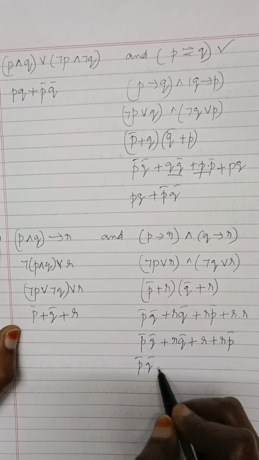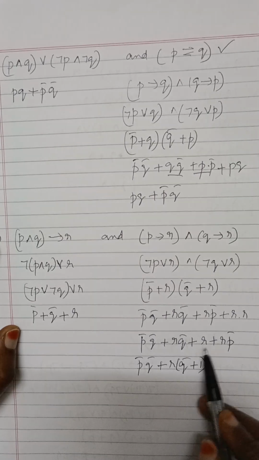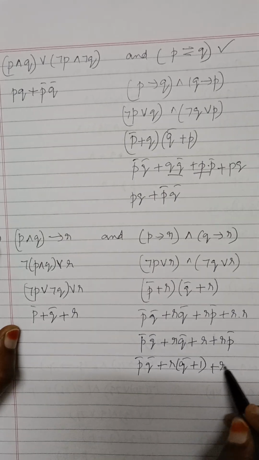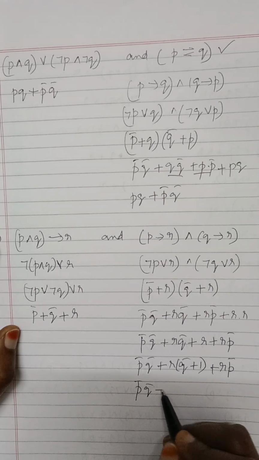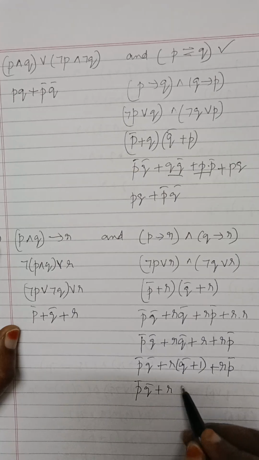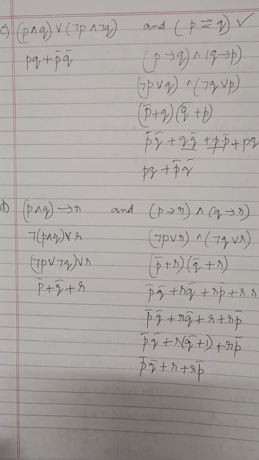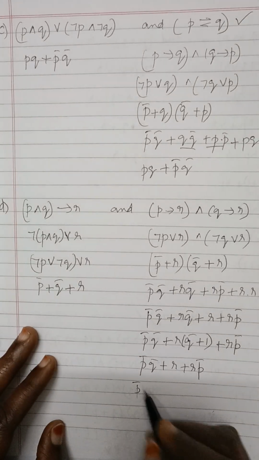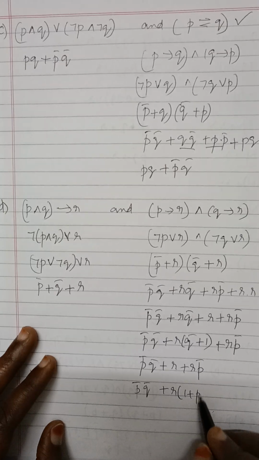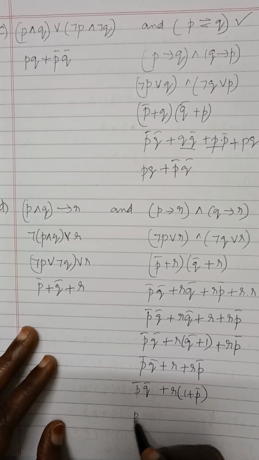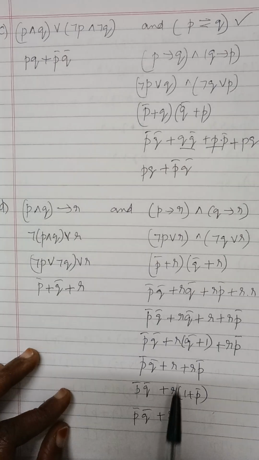So here we can take R common, R into (q bar + 1), so R is taken common here. Then R into p bar. This value becomes p bar q bar plus R plus R p bar. Hence this is p bar q bar plus R into, taking R common, (1 + p bar). So again it will be 1. So p bar q bar plus R. So this is the value of the right hand side.